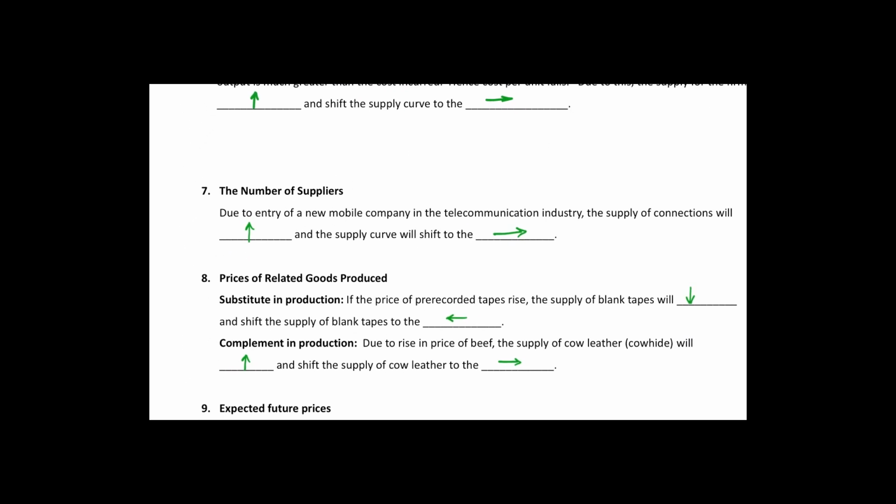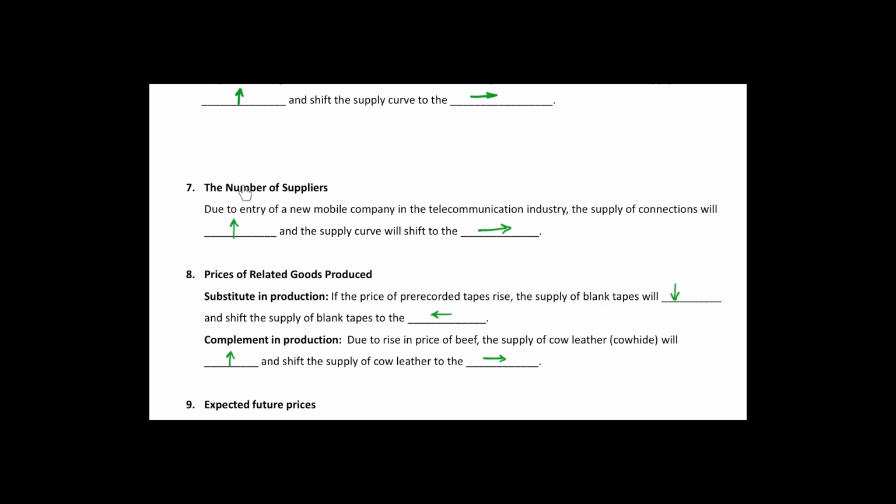If there are more suppliers in the market, again, more suppliers means more output, supply increases. Now, price of related goods produced. I'll change this example to something simple, like apples and oranges, let's say.